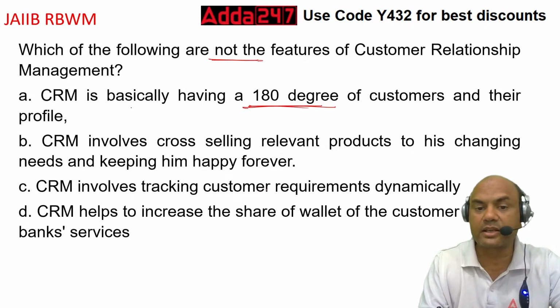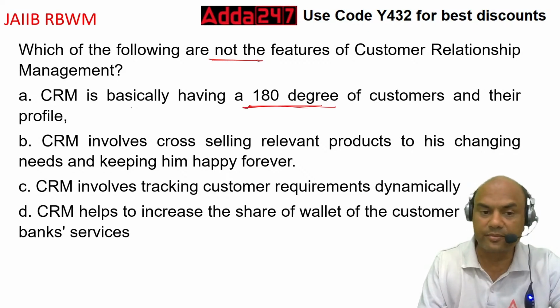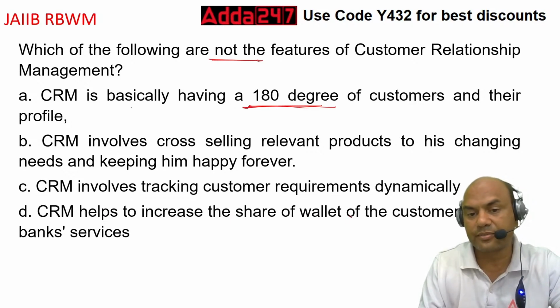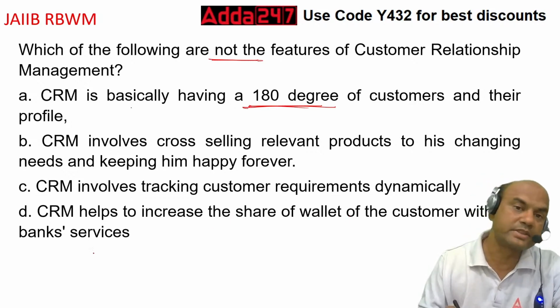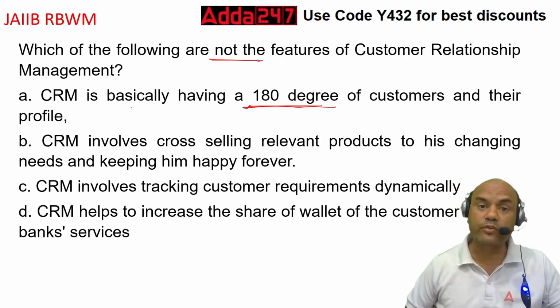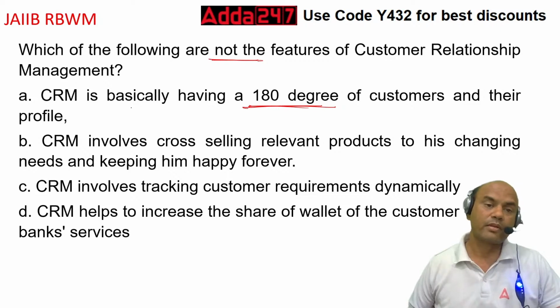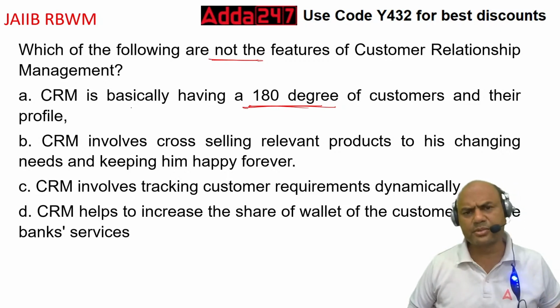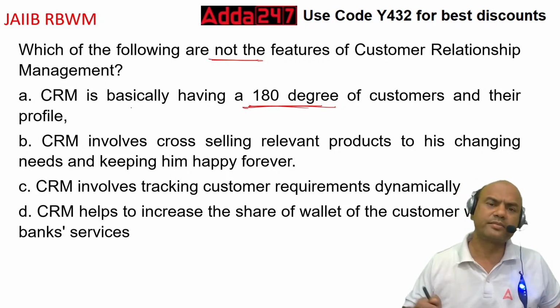CRM involves tracking customer requirements dynamically. CRM helps to increase the share of wallet of the customer with the bank services. Now, which is the right answer? Which is not the correct feature? Everything seems to be true, isn't it? So, what is the answer?